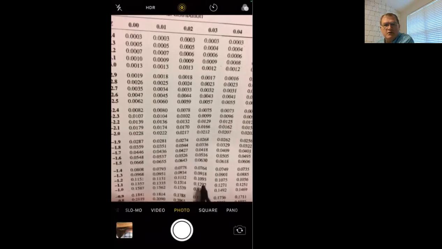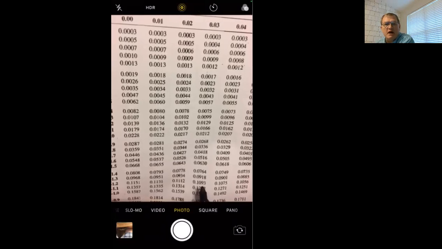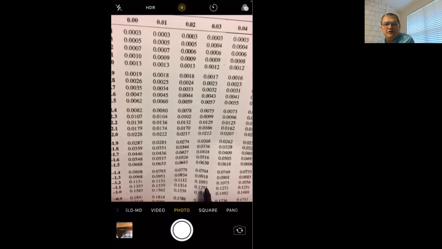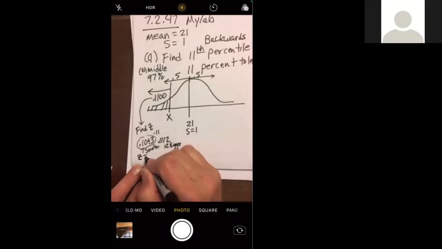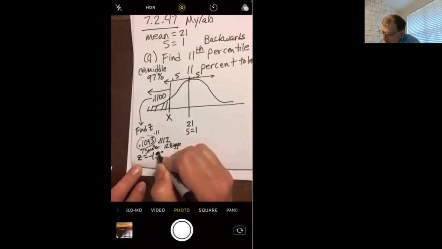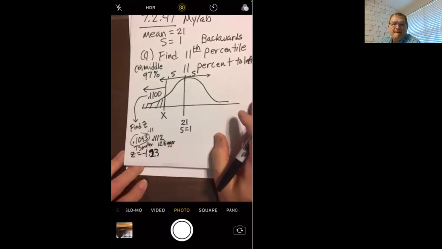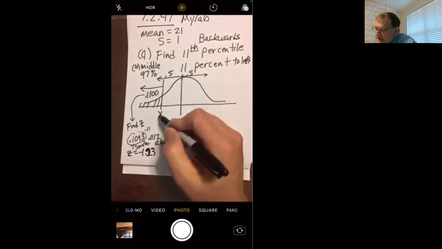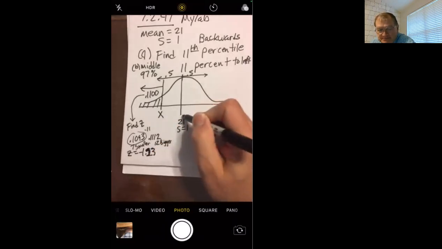See the row there? Negative 1.2, and I'm in the 0.03 column. Negative 1.23. So I know that that X is 1.23 standard deviations below 21.